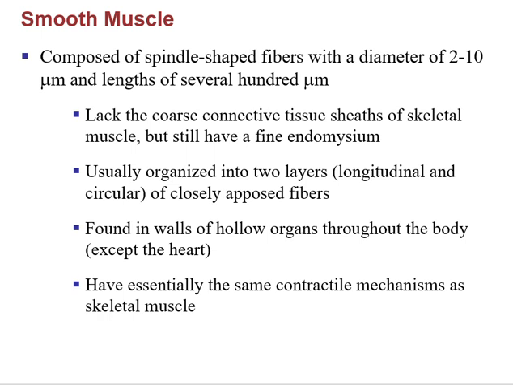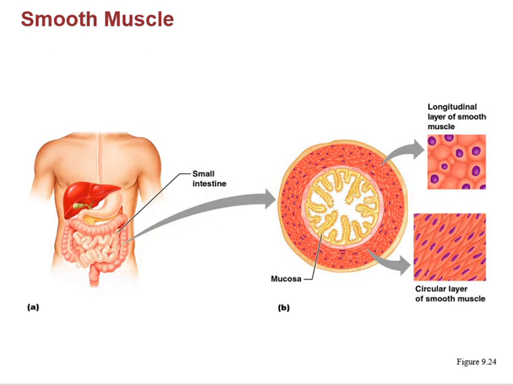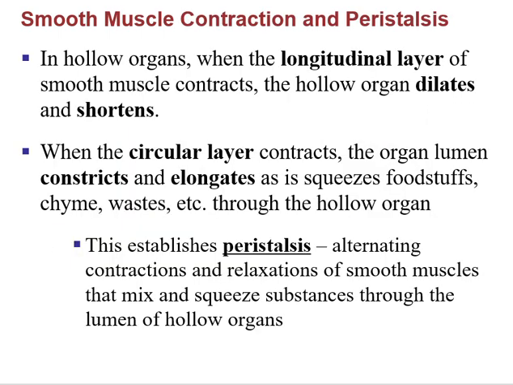They have essentially the same contractile mechanisms as skeletal muscle, with some modifications. Here we can see an image of the small intestine smooth muscle and the arrangement of the 2 layers, both longitudinal and circular, of smooth muscle in the walls of the intestines, which is a hollow organ. In a hollow organ, when the longitudinal layer of the smooth muscle contracts, the hollow organ dilates and shortens.